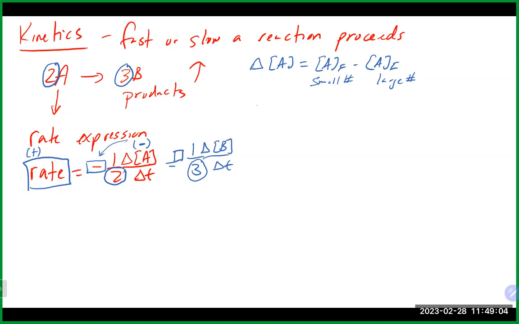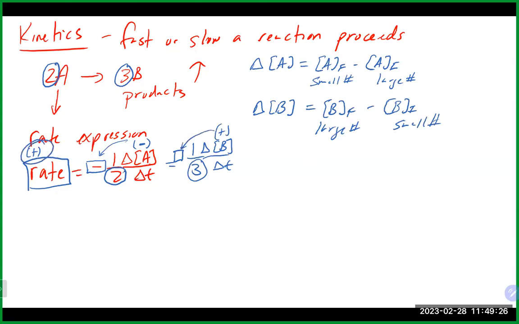When we take the change in the concentration of B, which is our product, our final concentration of B minus our initial concentration of B, this actually is the larger number, and this would be a smaller number. That's going to give you obviously a positive value, and our positive value here, once again, will give our rate a positive value.